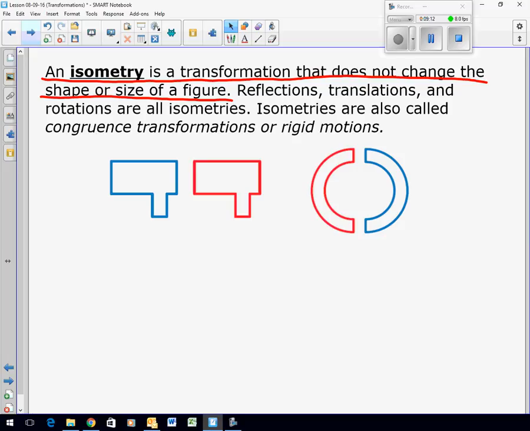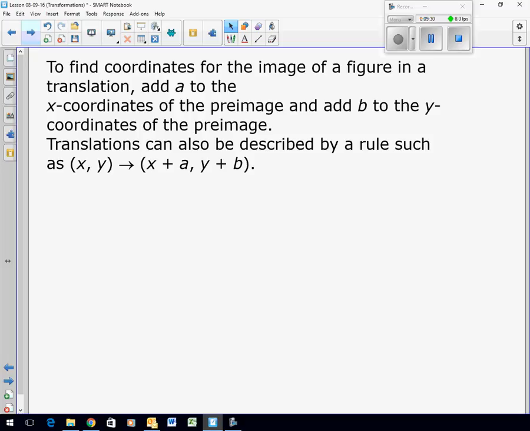It'll change when we do a dilation or a stretch. That's when we make something bigger or smaller. It has the same shape, but a new size. That's not a rigid transformation or a congruent transformation. You don't have to write this down.